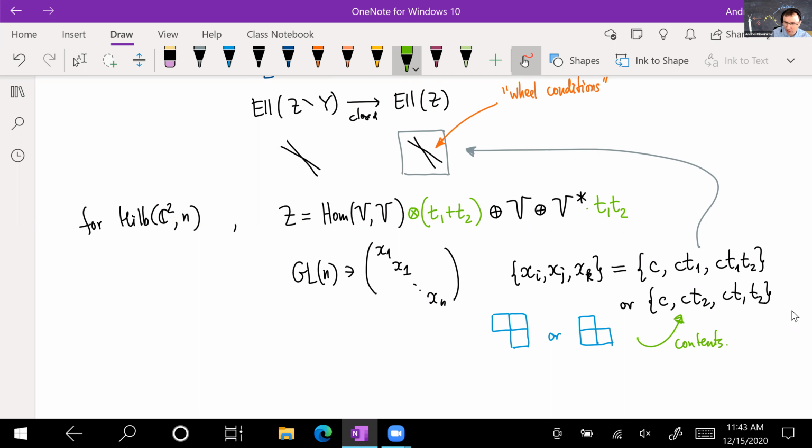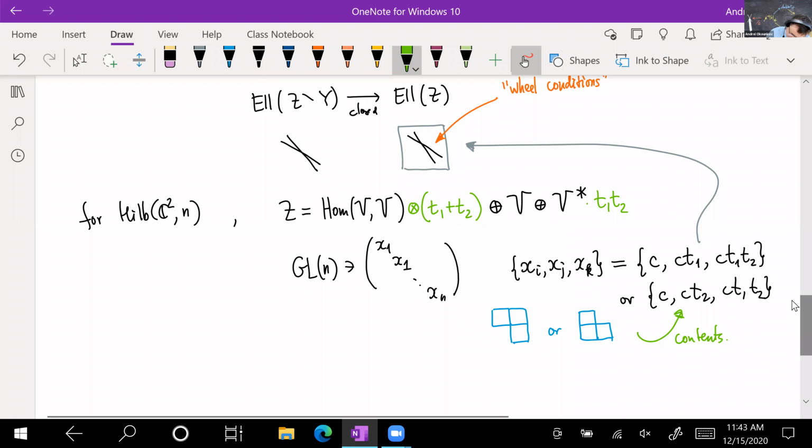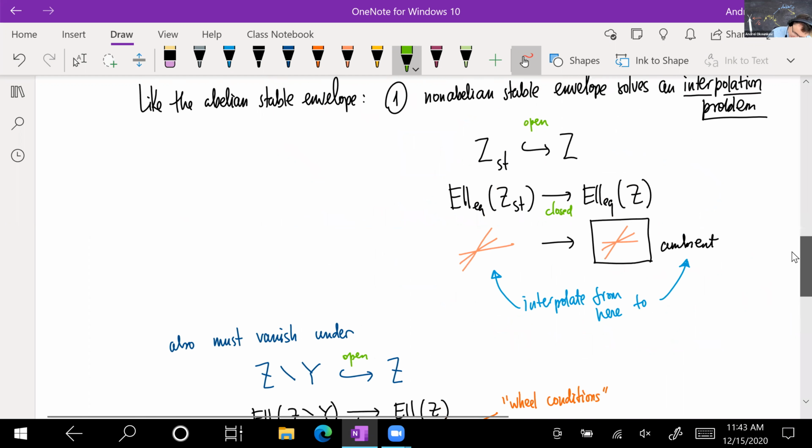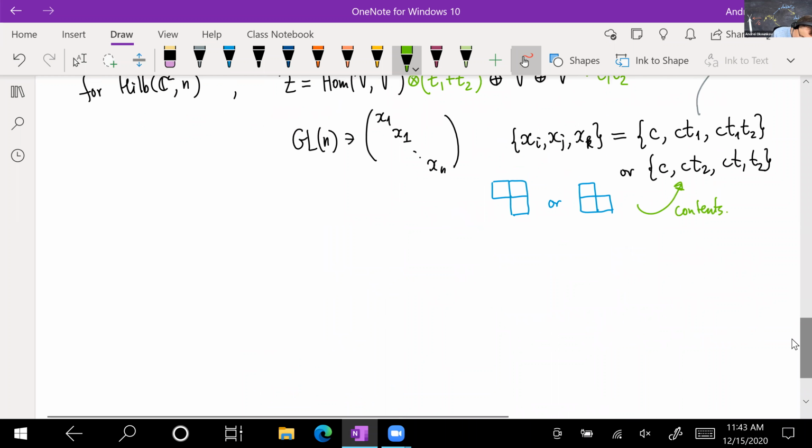The meaning of the wheel conditions is that it's some vanishing condition for things on the stack, and the meaning of that vanishing condition is that you restrict to the complement of the zero level of the moment map, and then the homology class has to vanish there. That's the instance of that. So this was number 1, it's an interpolation problem.